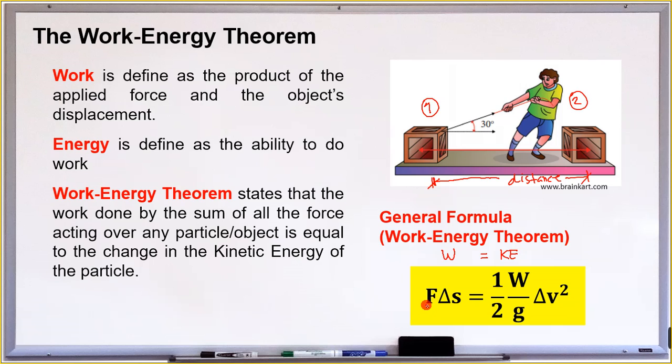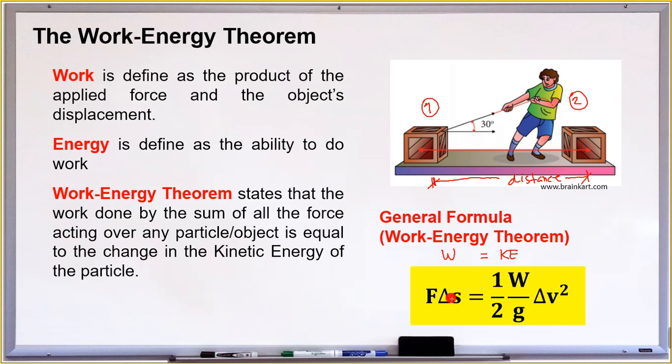So if we pull an object, the object will be dragged, and then it has velocity because it moves. So the work on the left side, that is force. So the pulling force that we exert on the object, force, and then times delta S. So delta S is our displacement.